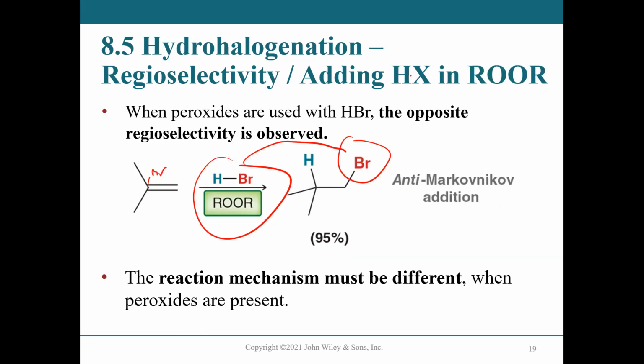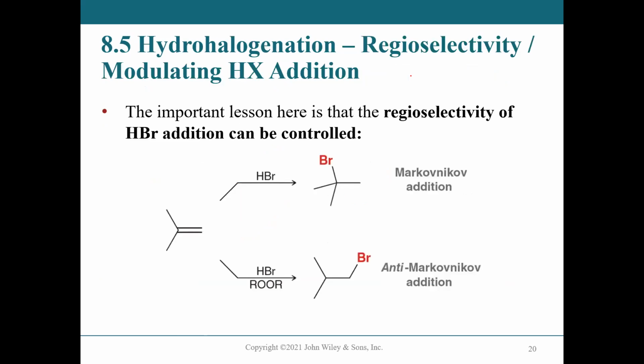I mean, we added that peroxide, so we're changing the reaction conditions. And they do a good job here showing you that we're going to get the Markovnikov addition here, where we put the Br here. And for the anti, we're going to put it right here.